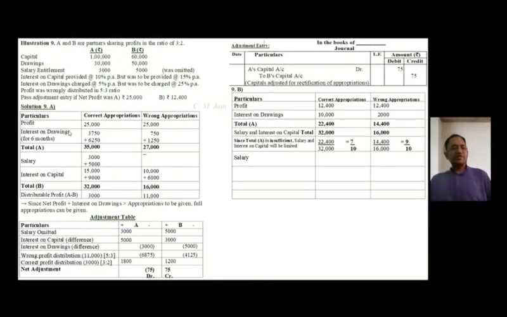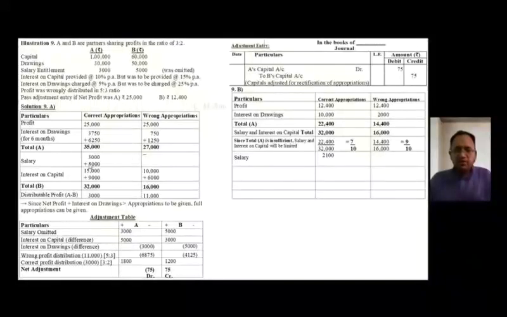Now see the first table we had made in case A. A was supposed to get a salary of rupees 3,000. Now we will give him 7 upon 10 of 3,000. How much is that? 2,100. Yes.